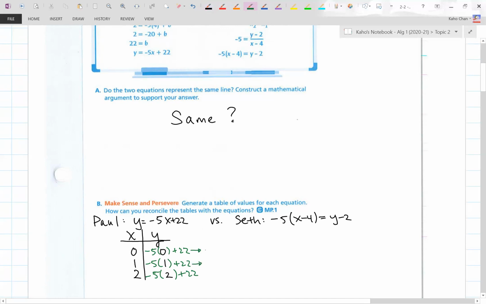Plugging in 0, I'll get 22. Plugging in 1, I'll get 17. Plugging in 2, I'll get 10. Or no, sorry, 12. All right, let's compare that to Seth's table.